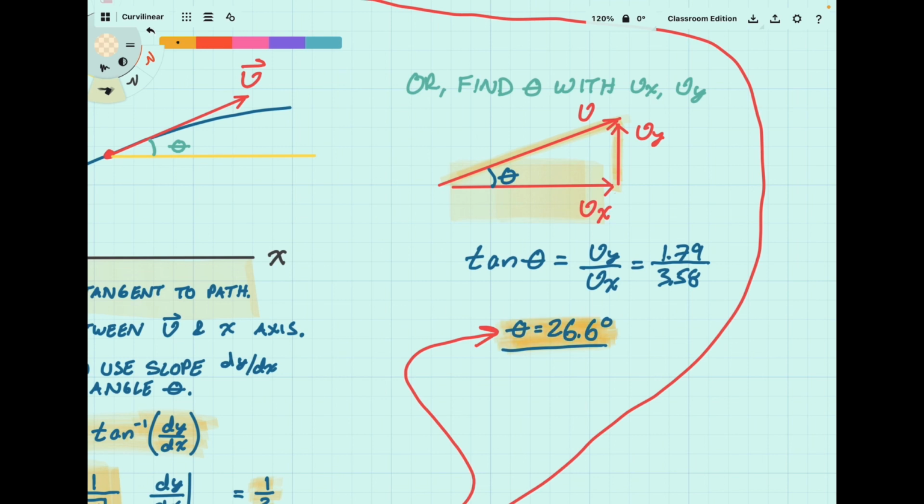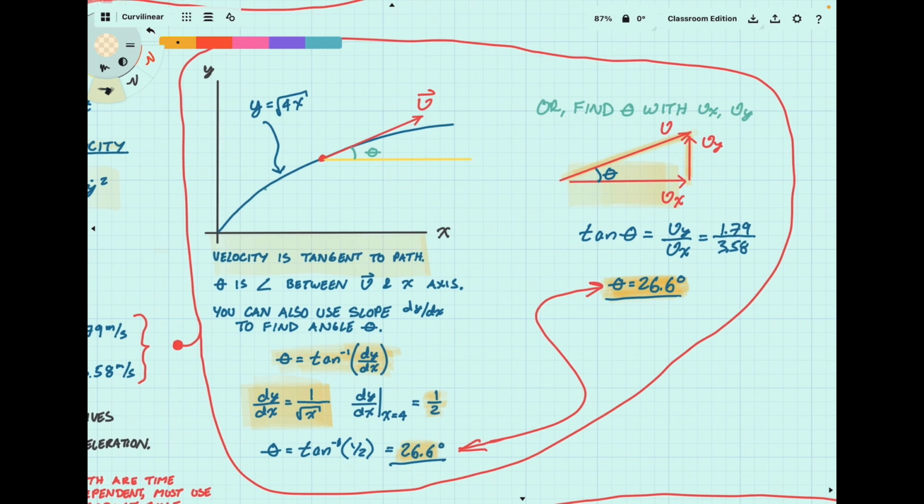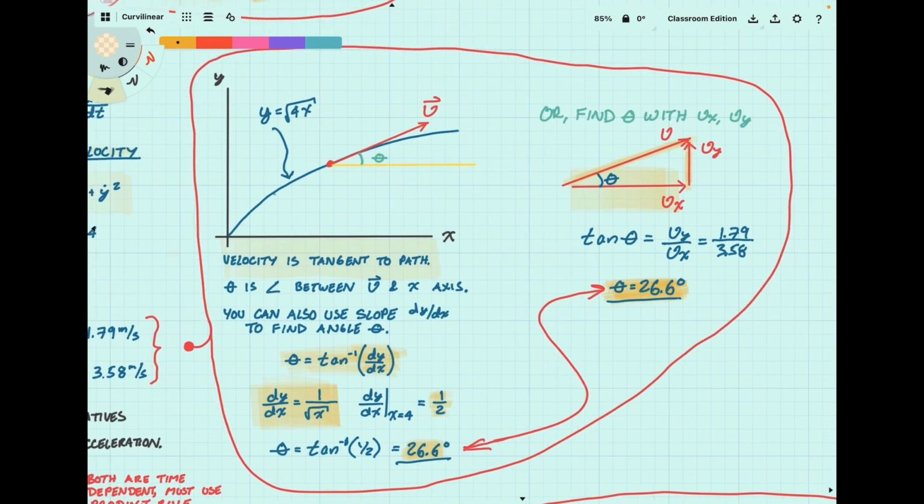Now I'm going to move on, but I will say that with everything on the screen right now, at the very beginning of the problem, before I do anything with the kinematic equations, I can use the first approach, taking the inverse tangent of the slope, to find the angle. In the vector plot, if I know magnitude and I know the angle, I know the components of that vector.